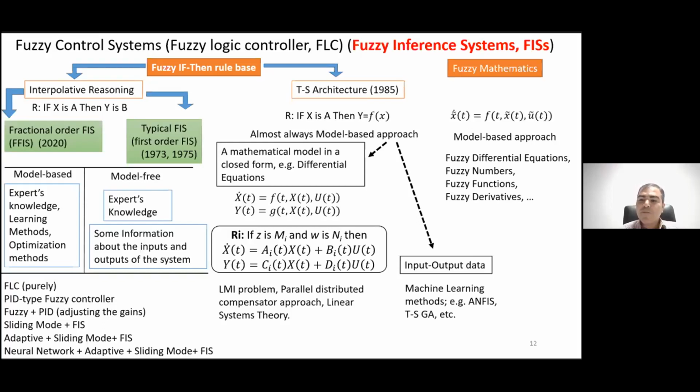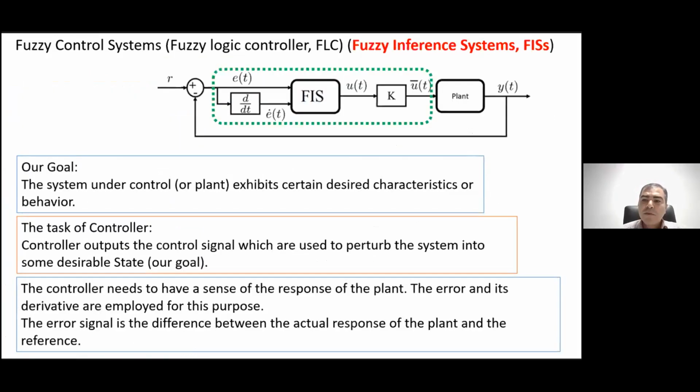The fuzzy controller that has been selected to be explained underlies interpolative reasoning. The approach is model-free, with some information about the boundaries of inputs and outputs of the system, and eventually a class of PID type fuzzy controller is designed. Before starting the design of a fuzzy controller, some points should be expressed regarding the control system.